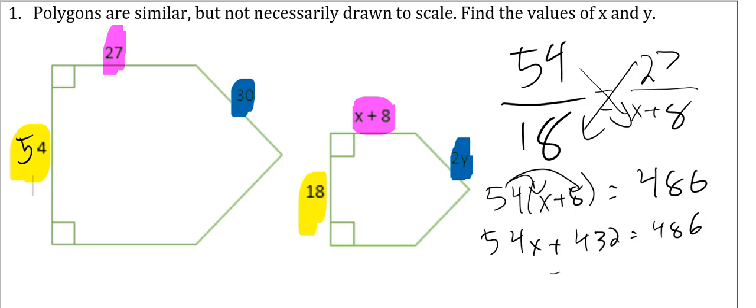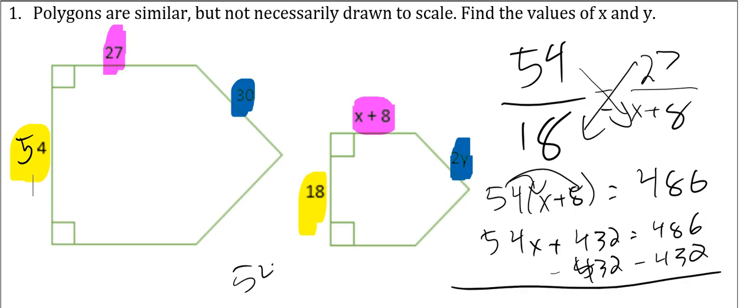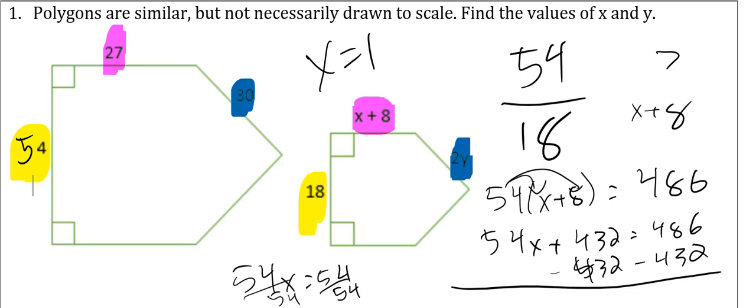We subtract both sides by 432, and we'll be left with 54x equals 54. So if I divide by 54, remember simple algebra, you should get x equals 1. So that's how we get the first answer. Let me leave it there for a second.